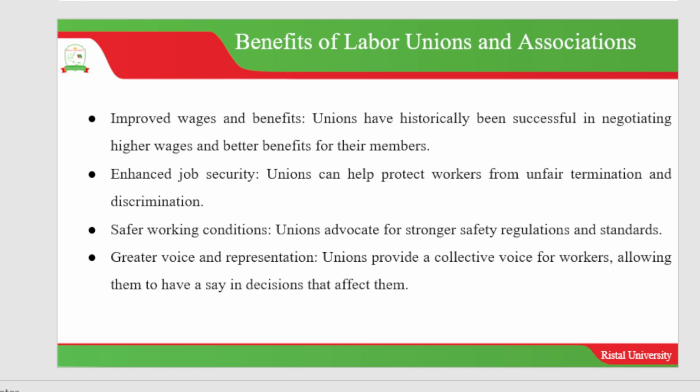That's number one. Then number two, the organizations themselves will work to make sure that the working environment is actually improved after the interference of the unions. The last one now is greater voice and representation.